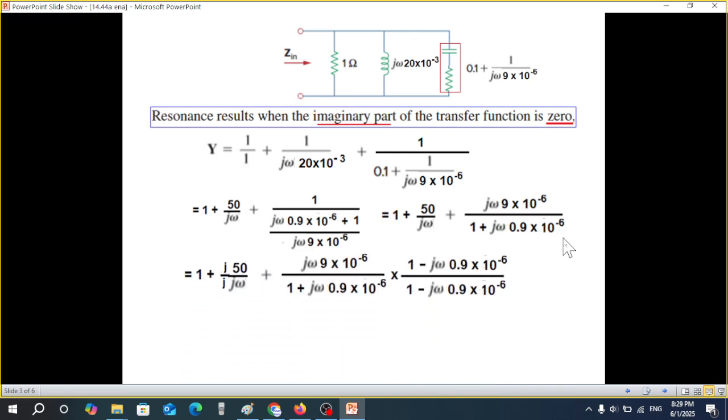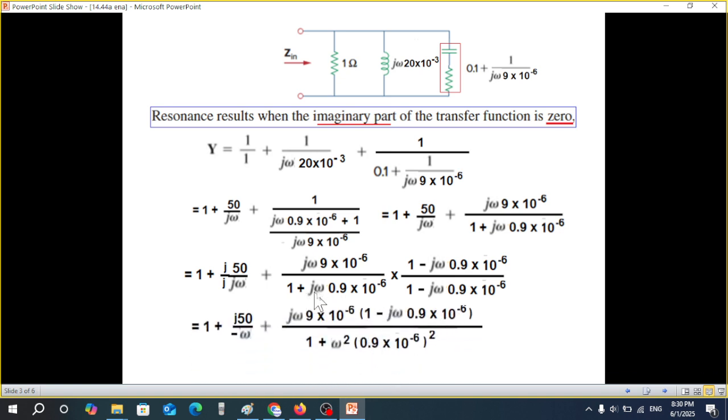And now we need to eliminate the complex terms in the denominator. To eliminate this, we have to multiply by the same terms, except changing the sign. So here it was 1 plus j omega, we'll now write 1 minus j omega, and to balance, we'll also write the same thing at the top.